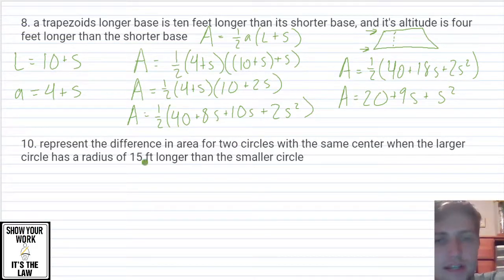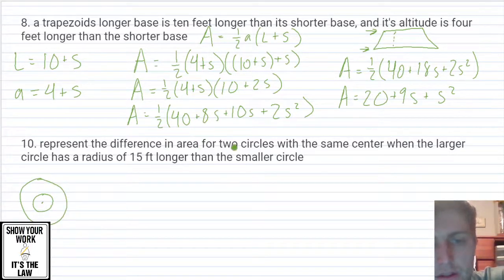Represent the difference in area for two circles with the same center when the larger circle has a radius 15 feet longer than the smaller circle. All right, so we're dealing with two circles, so let's go ahead and just visualize them. We've got one circle, and we've got a bigger circle.